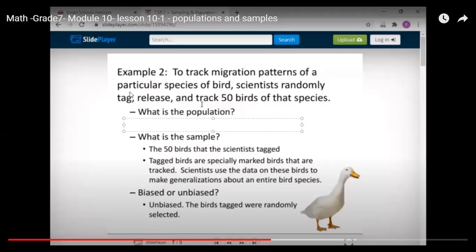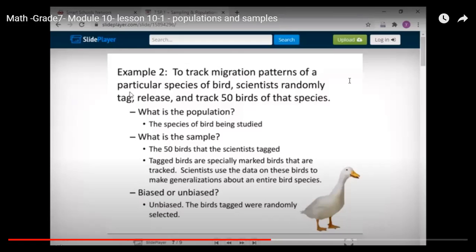Agree with him, grade 7? Okay, so let's check the answer. The species of bird being studied. Back to the sentence: to track migration patterns of a particular species of bird, scientists randomly selected birds. So it talks about the species of the birds. This is the population. What is the sample?